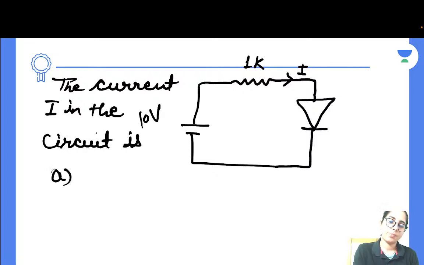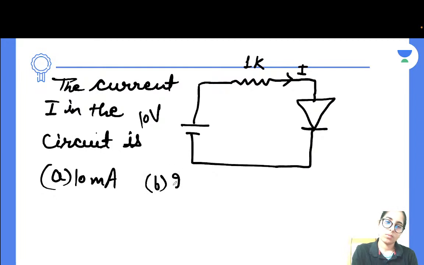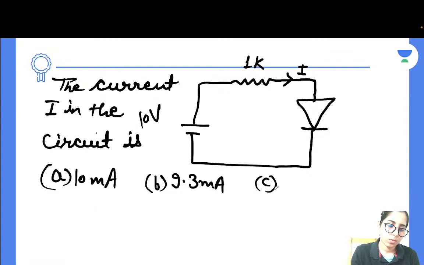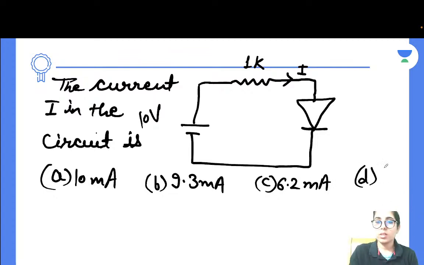Options are... option C is 6.7 milliampere.